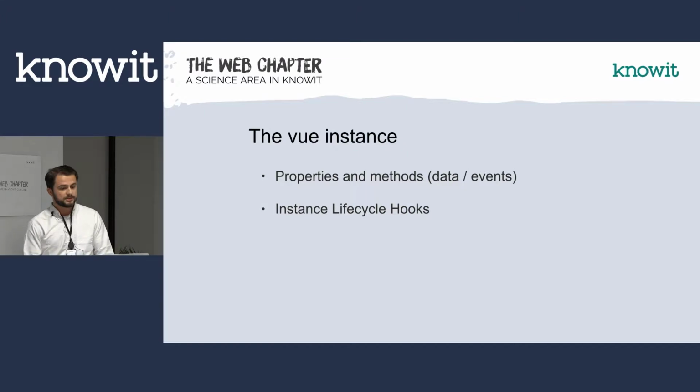And the Vue instance that I talked about is what you start with. I'm going to show a sequence diagram afterwards, but you start by creating a new Vue instance and pass an options object, so you can have different kinds of methods in it. It makes everything work fluently. When values change in the properties and methods, Vue will react and update.